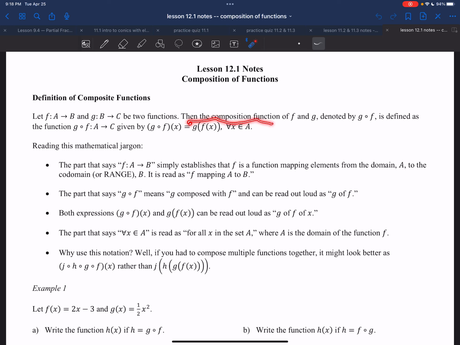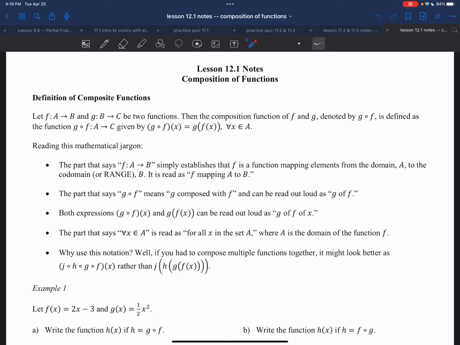Then the composition function of f and g, denoted by g composed with f, is defined as the function g composed with f mapping A to C, given by g composed with f of x equals g of f of x for all x in A. That's how you read that out loud.